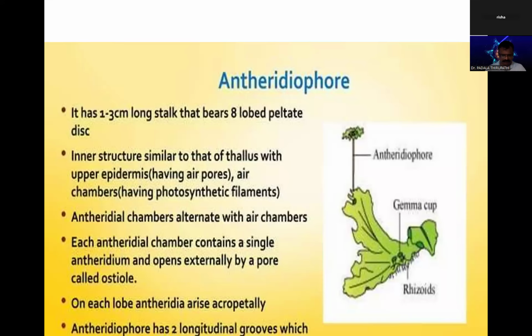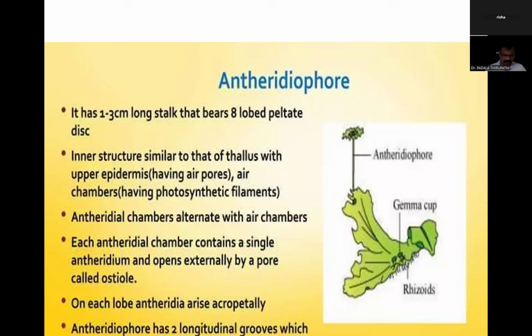If you take a section of this, it is similar to the thallus of Marchantia, with upper epidermis, air pores, and photosynthetic filaments on the upper side. Then the antheridial chamber. Antheridial chambers alternate with air chambers.